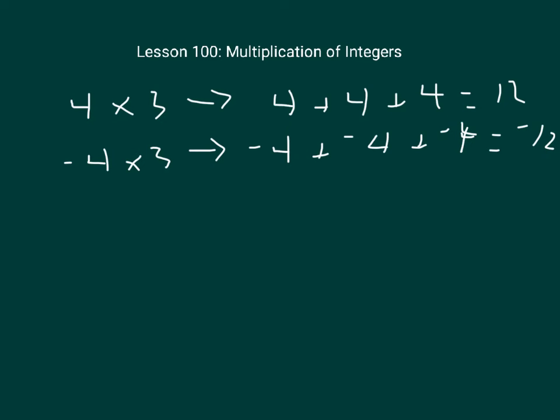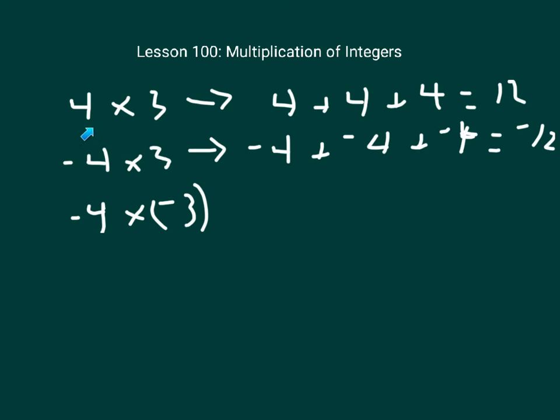Now if you have 4 times negative 3, it's hard to think of a model to actually explain what this would look like. But if you look at the pattern that we have, when you multiply two positives, you get a positive. When you multiply a negative times a positive, you get a negative. You notice the signs just switched.